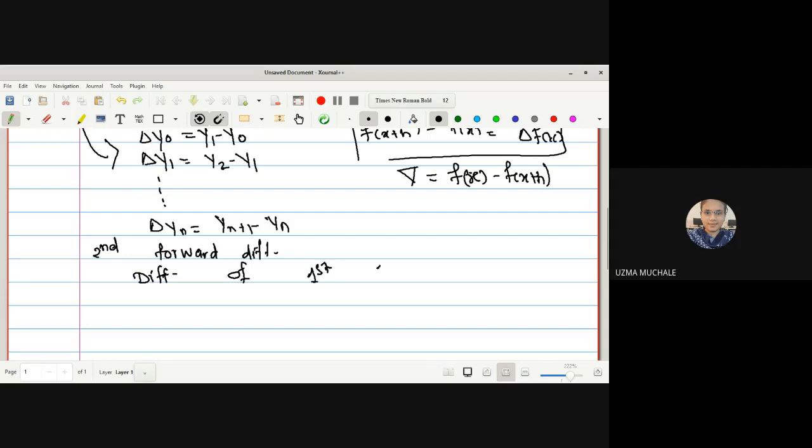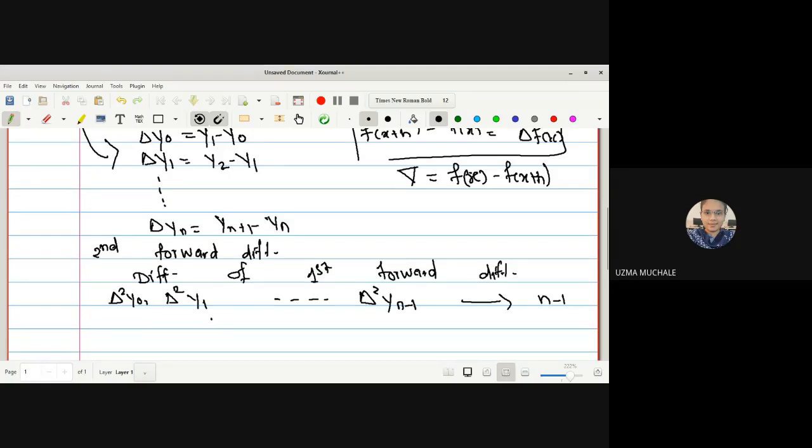The notations for this will be delta square y0, delta square y1 up to so on. Now it will be reduced by one more term because we are finding the differences, so the quantities will be reduced to n minus 1. Delta square terms are n minus 1 in number.